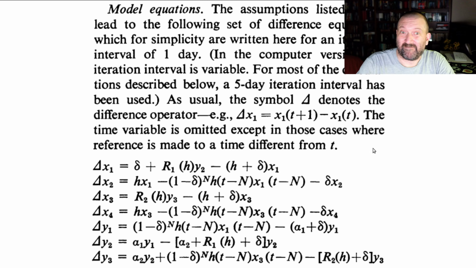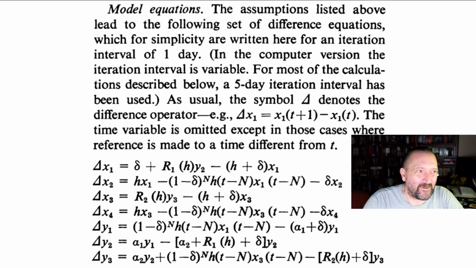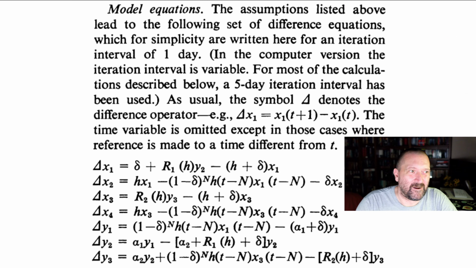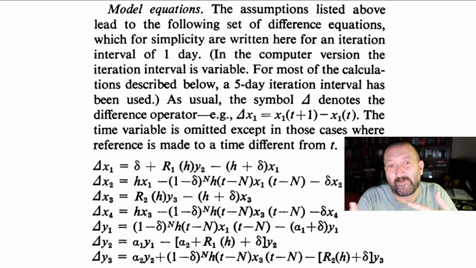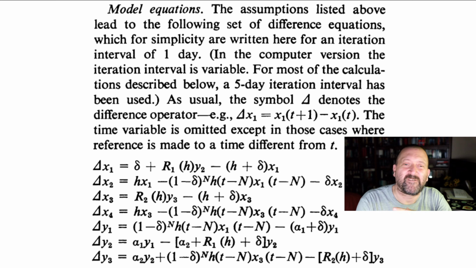But this is a type of model that I have not talked about at all in this course, except when I talked about discrete time Markov chains. But these are deterministic versions of this type of model. Okay.